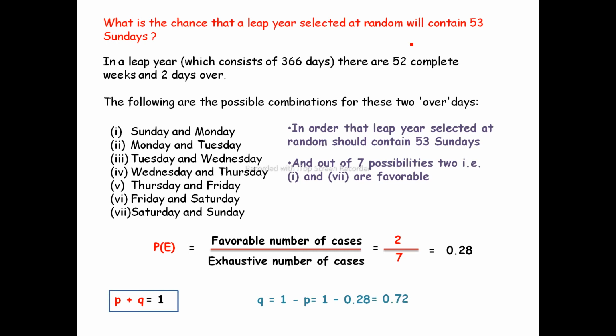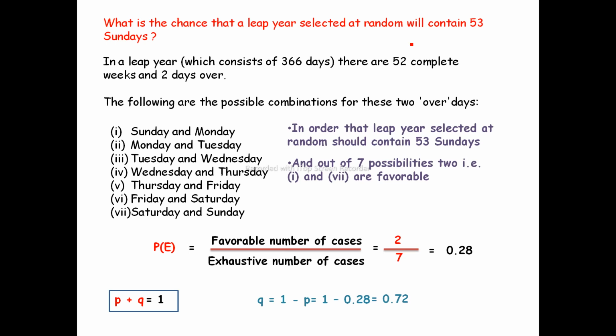Q is the probability of non-occurrence, the probability of not getting 53 Sundays. So that is 0.72, or 72%. So in a leap year we have 28% chance of getting 53 Sundays and 72% chance of not getting 53 Sundays.